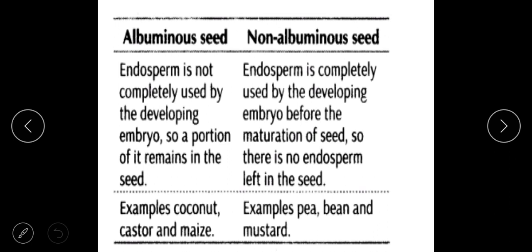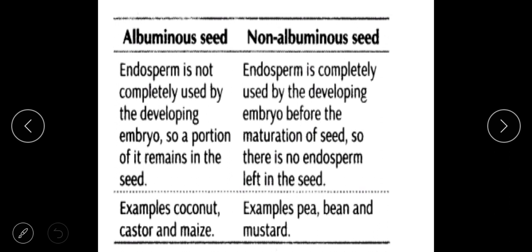So remember that monocots mostly have endospermic seeds because they have the endosperm which contains the food, and the dicot seeds are mostly non-albuminous, or you can say exalbuminous. The name has been given over here.